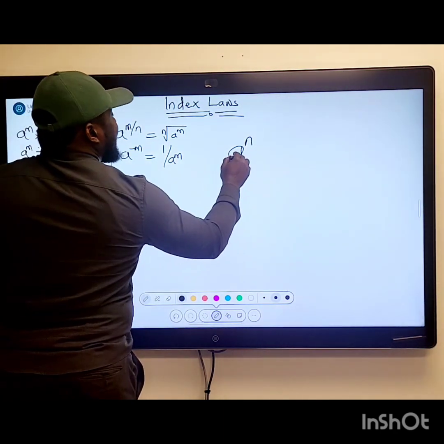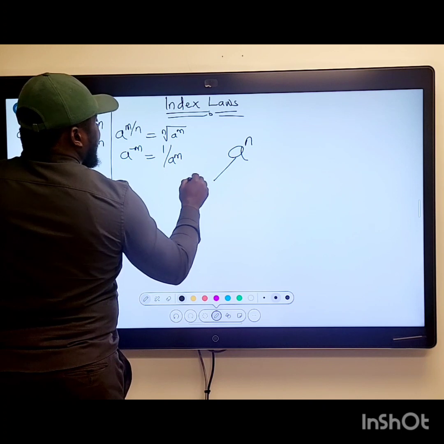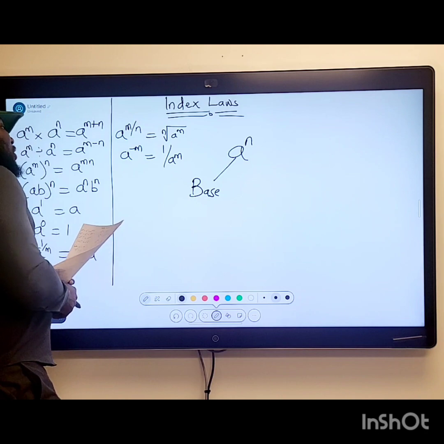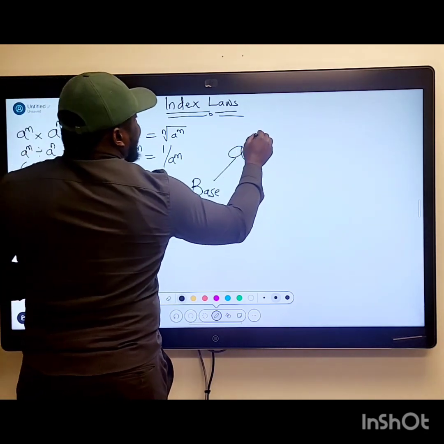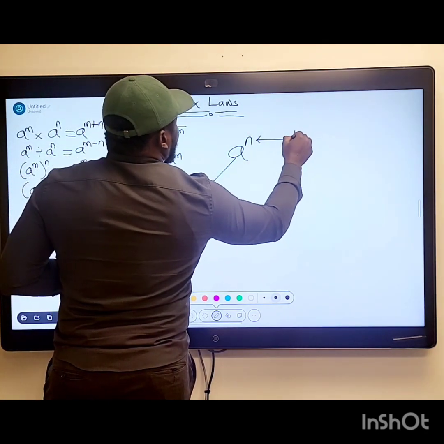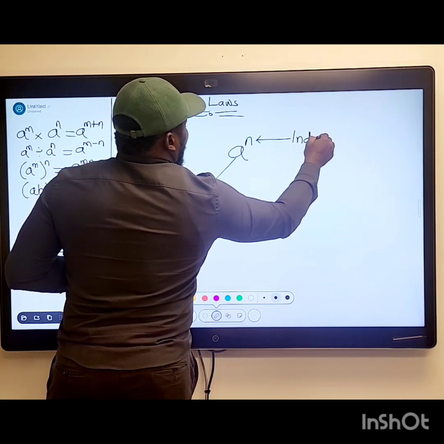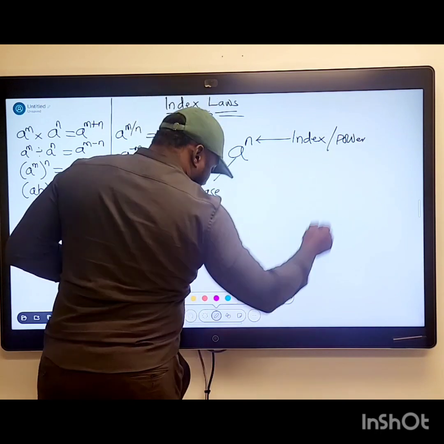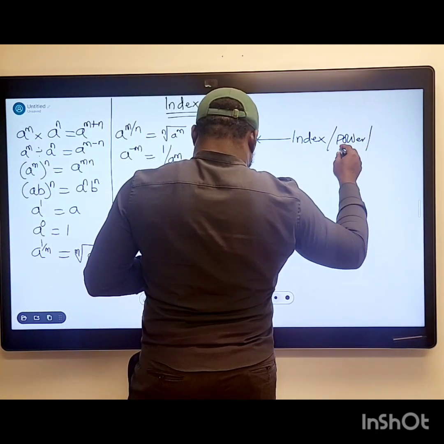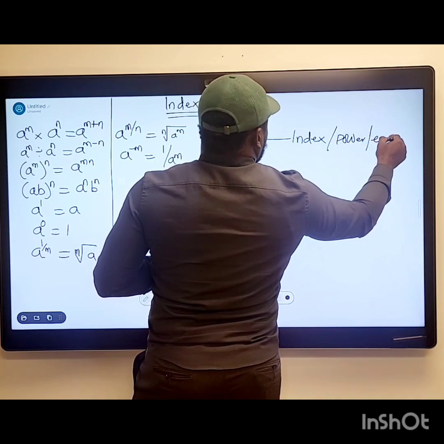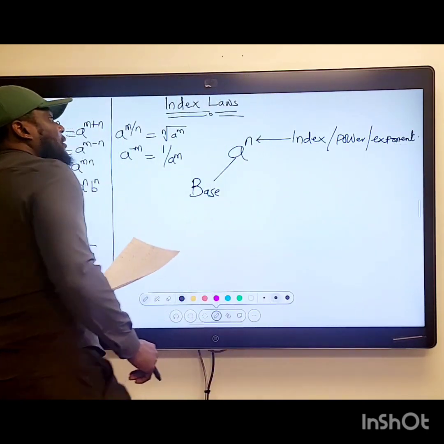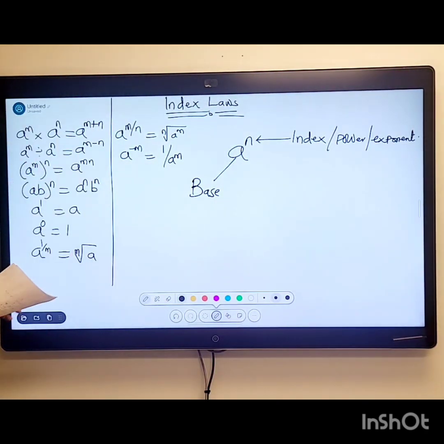You need to understand that this a is called the base, and this n is called the index, or we can call it power, or we can also call it exponent. So we can call it base, index, power, exponent.